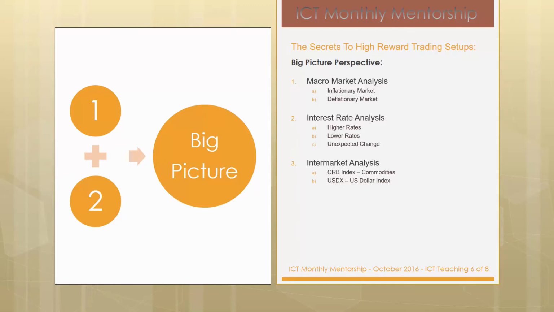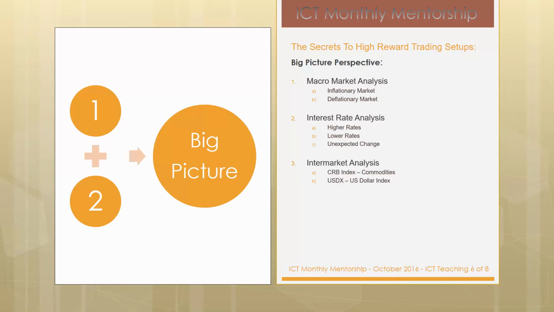In other words, again, looking at these three areas of study, we need two of these areas of study to come in agreement to arrive at our big picture perspective. Okay, we could see an interest rate market indicating that there are lower rates on the horizon, or higher interest rates on the horizon, and that's going to lend well to a directional bias on a currency.